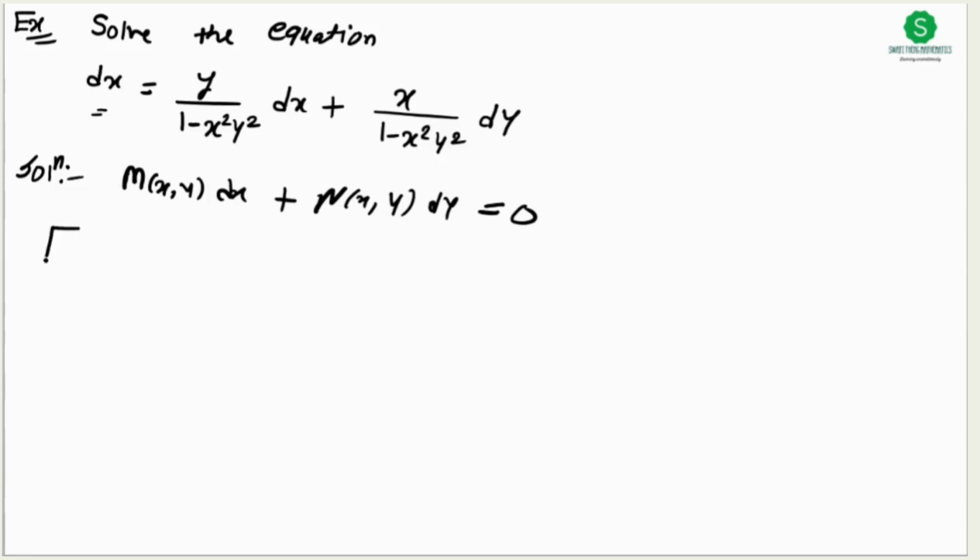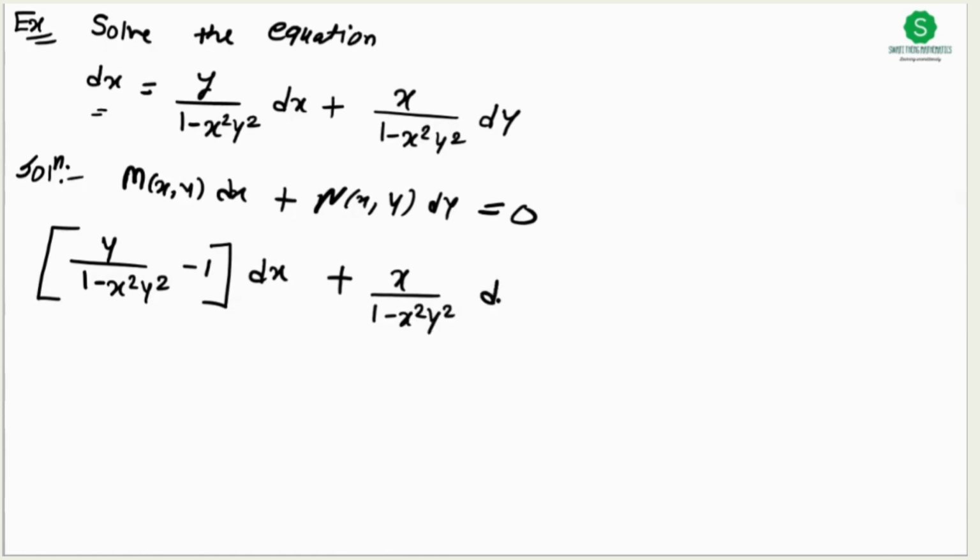Here we will get y upon 1 minus x square y square, and this dx, if we shift it, will be minus dx, and taking dx common, we will get minus 1 dx plus x upon 1 minus x square y square dy equals 0.